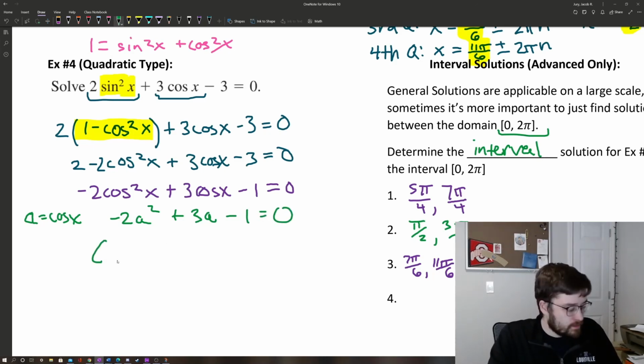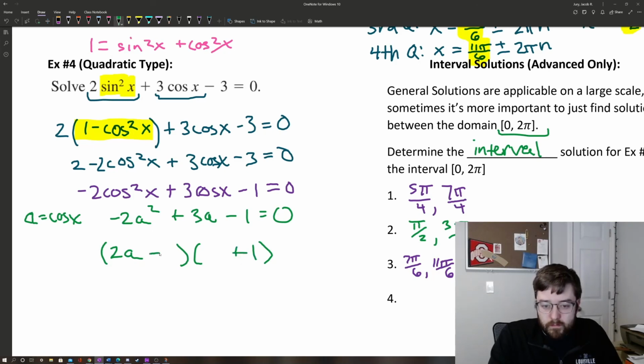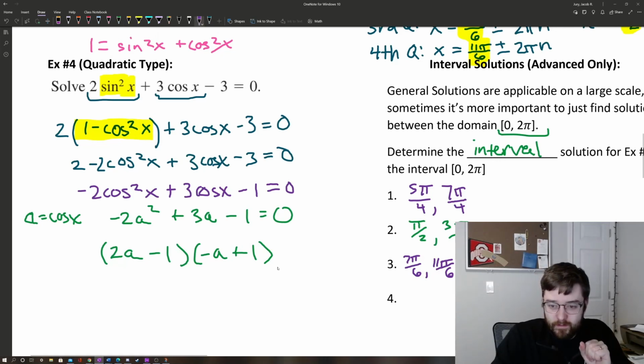So now I need to figure out which one of these things is going to be positive and such. So I've got a plus 1 here. I should have a minus 1 right here. And then a minus a right there. We have that set equal to 0, and we are now going to put our cosine x back into this.